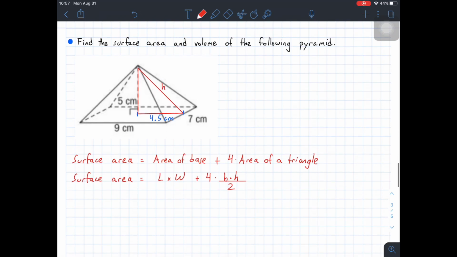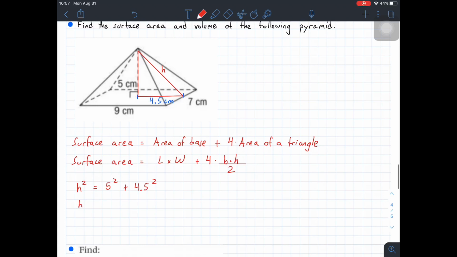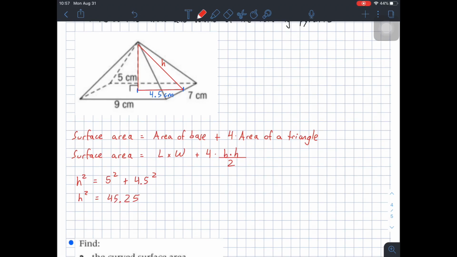H. So we're going to say that h squared, remember Pythagorean theorem, is hypotenuse squared equals side squared plus the other side squared. So if we calculate h, well, h squared would be equal to 25 plus 4.5 squared. This gives us 45.25.